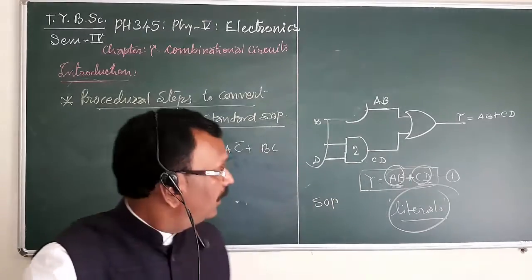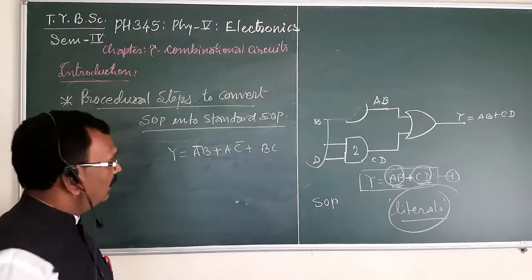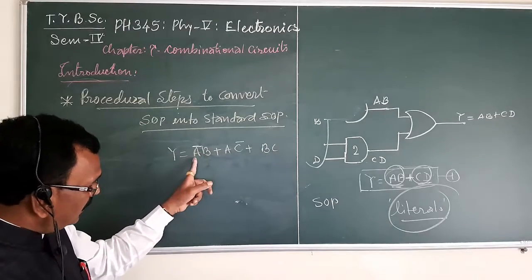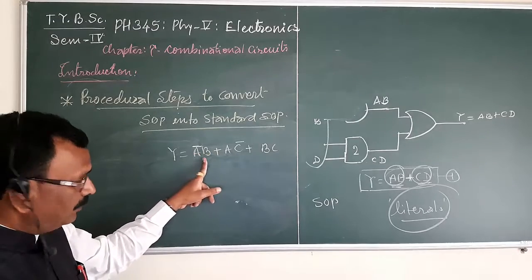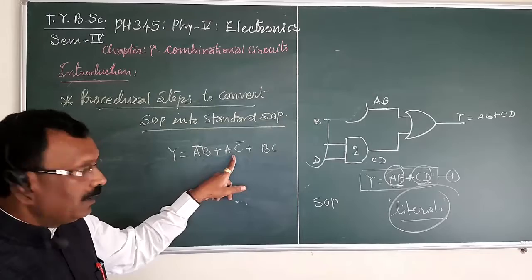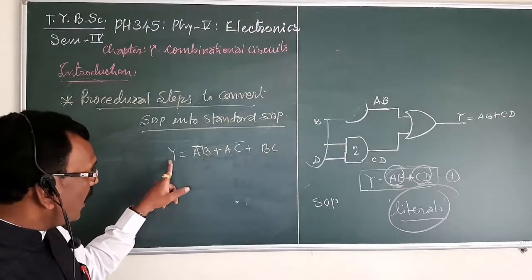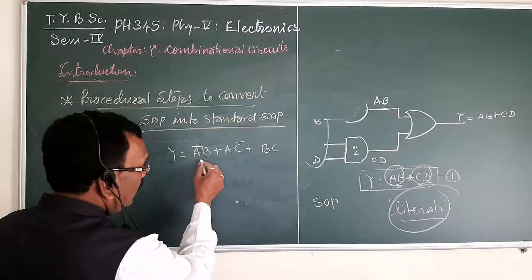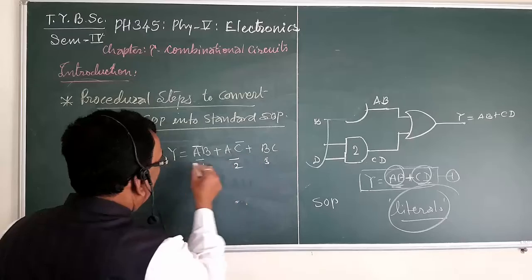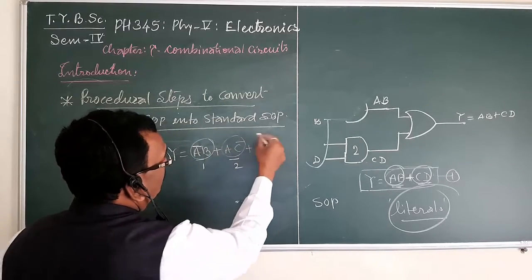See here, A bar B is the product of A bar and B. The first term is the product of A bar B, the second term is the product of A C bar, and the third term is the product of BC. And Y is the sum of these 3 products, product 1, product 2, product 3.